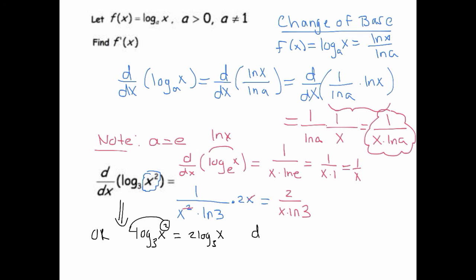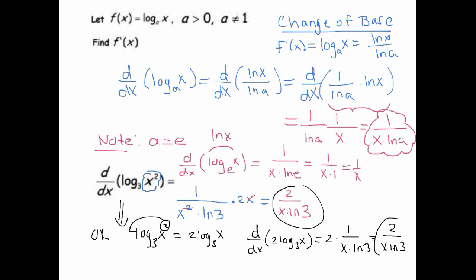And so then the derivative would be, well, remember that 2 is just a constant, so it's going to be 2 times the derivative of log base 3 of x, which is 1 over x times ln of 3. And you end up getting the same thing as you got here.